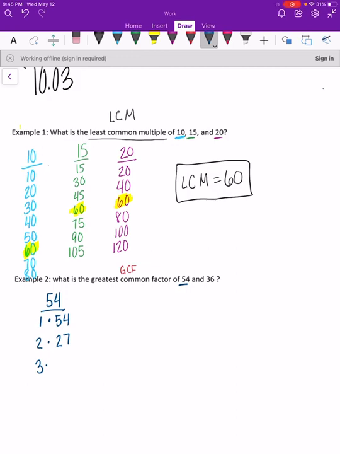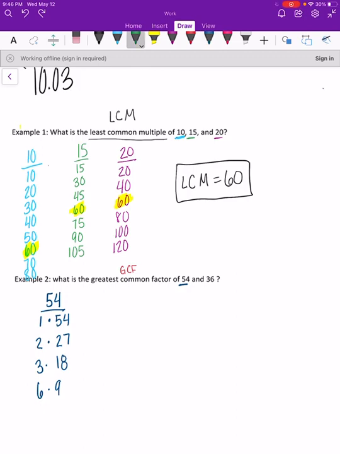This one's kind of a tricky one. 3 times 18. 4 doesn't go into 54 evenly. Neither does 5. What about 6? 6 times 9. And 7 doesn't go evenly. 8 doesn't go evenly. And then we're back to 9, but we already have that number written down. So those are all of the numbers that multiply to 54.